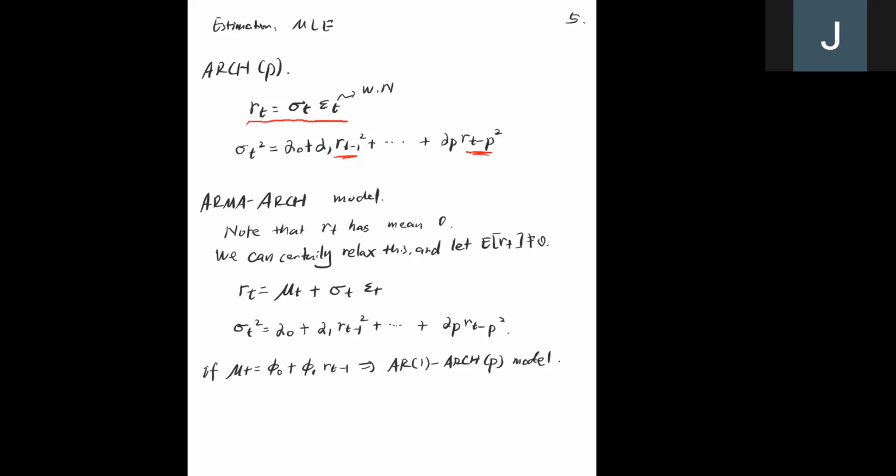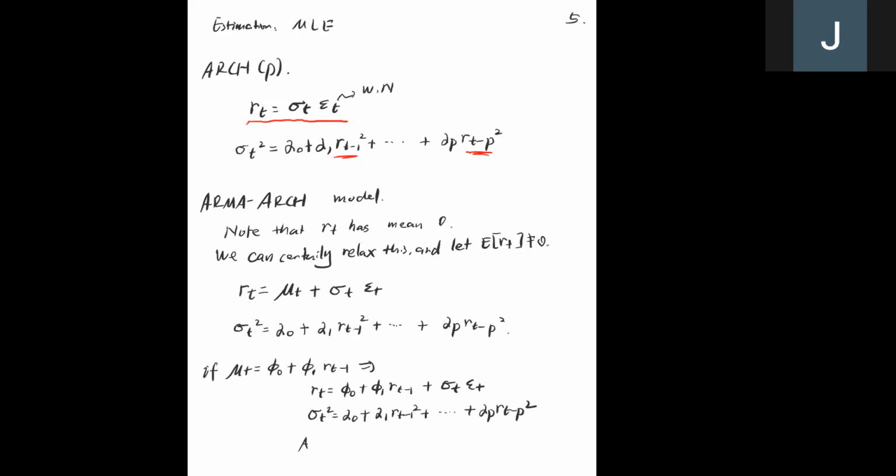To write it more clearly, RT is equal to phi 0 plus phi 1 RT minus 1 plus sigma t epsilon t, with sigma t squared equal to alpha 0 plus alpha 1 RT minus 1 squared and so on.